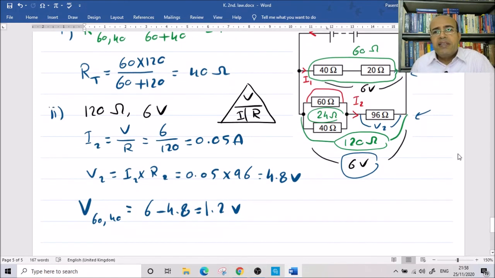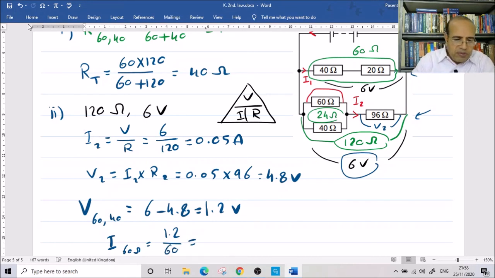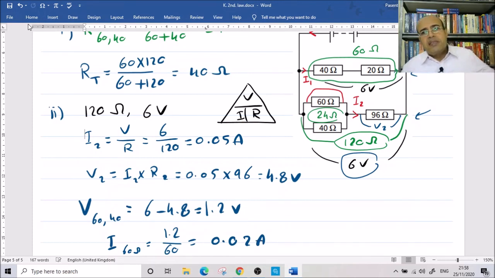So we can get the current now. Current equals the voltage through 60 ohm, which is 1.2, divided by the resistance, which is 60. So 1.2 divided by 60, the answer is 0.02 ampere.